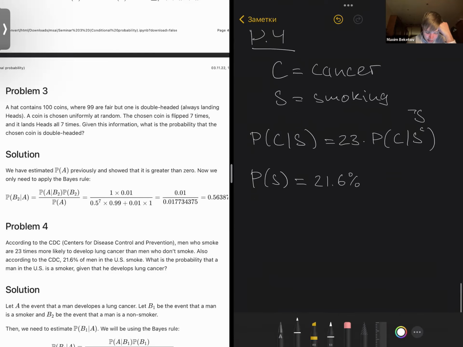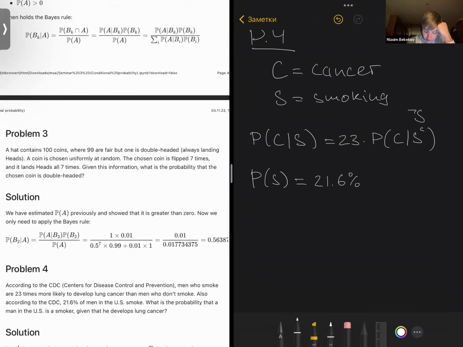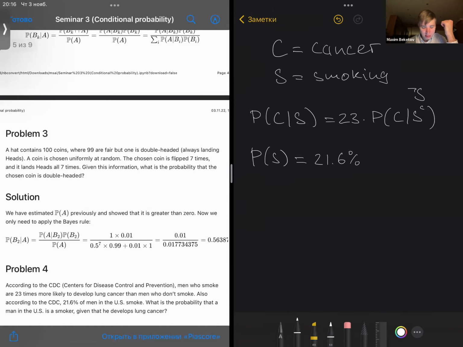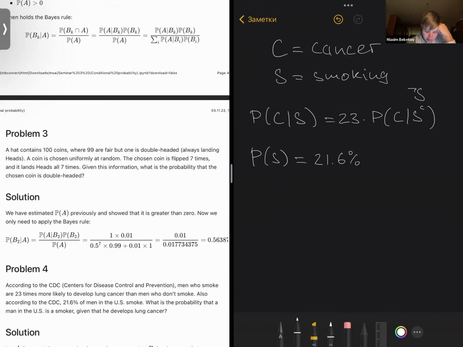What is the probability in the US that a man is a smoker, given that he developed cancer, unfortunately? You can see that this does not tell us the causal relationship between lung cancer and smoking, but at least it tells us what are the chances that the lung cancer that someone unfortunately had was due to smoking, right?